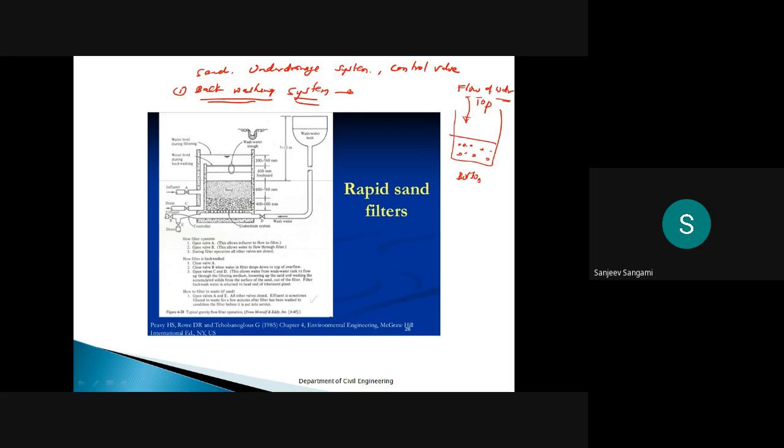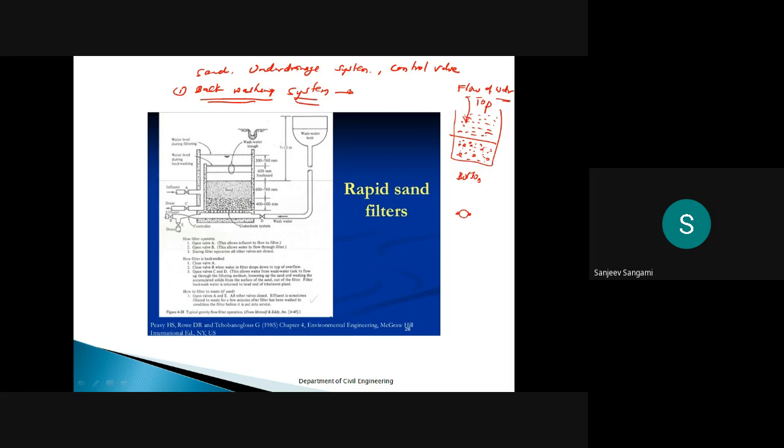Once this sand bed is clogged, for example, this is sand particle and this is also sand particle, in between these particles some particles are going to accumulate, or air bubbles are going to form. Then head is going to develop above the filter bed.